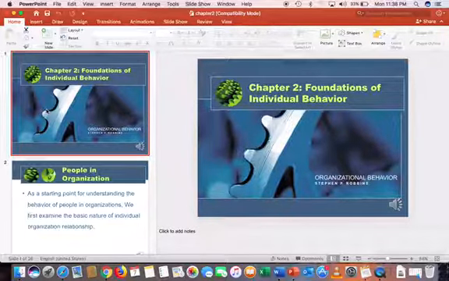In personal, we have age, gender, education, abilities, marital status, creativity, and some others. In organizational factors, we have physical factors, organization structure and design, leadership, and the reward system of the organization. And in environmental factors, economic factors come, social factors or social norms come, and political factors come in.